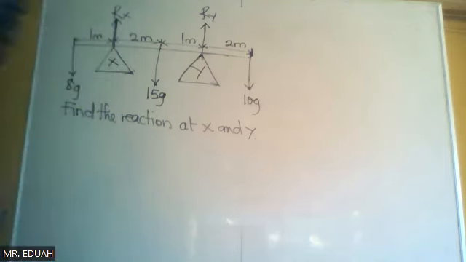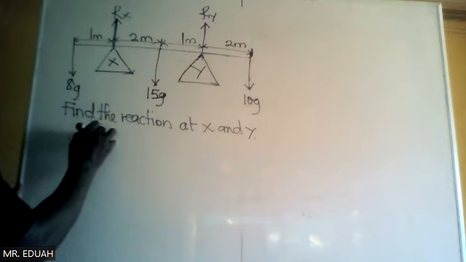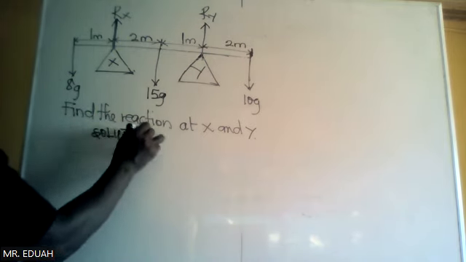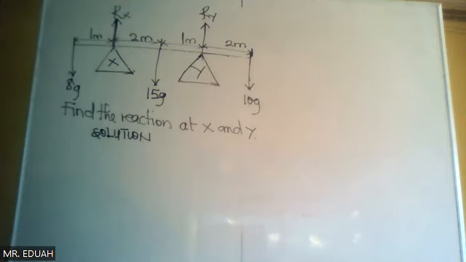Okay, so let's look at it. Now, here what you do is that we have 2 supports. You always take the turning effect around one.